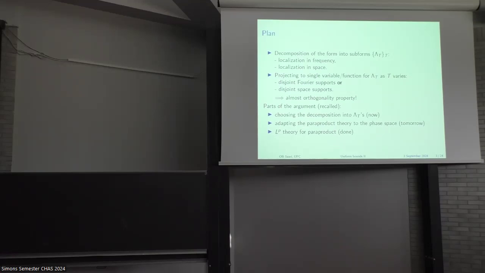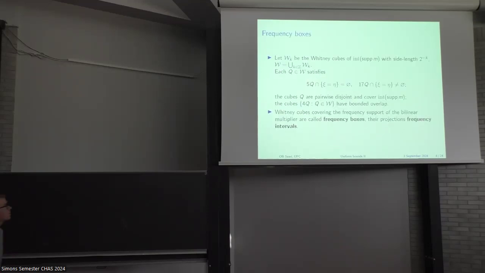Okay, so let's start. Just to fix the notation, we take the Whitney decomposition of the support of the multiplier, and we denote by W_k the Whitney cubes of side length 2^{-k}. And then W without subscript is the family of all of the Whitney cubes.